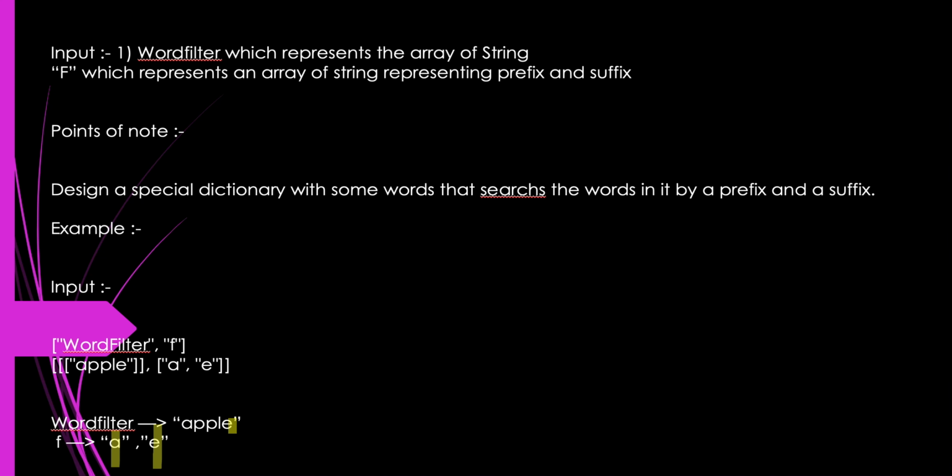So apple is starting with a and ending with e, and we have to return the index of apple in this array as an output. So output here will be 0, which represents the index of apple in word filter array string.